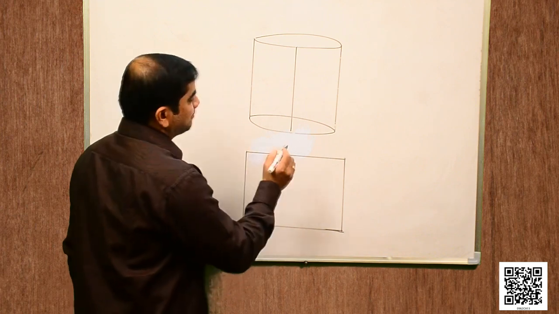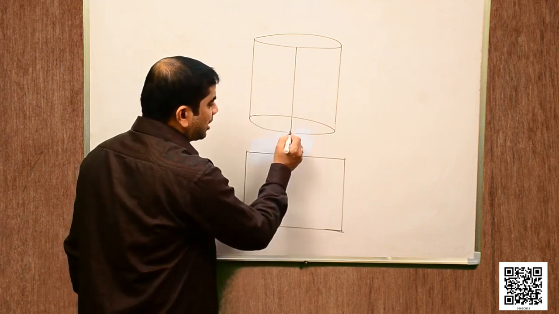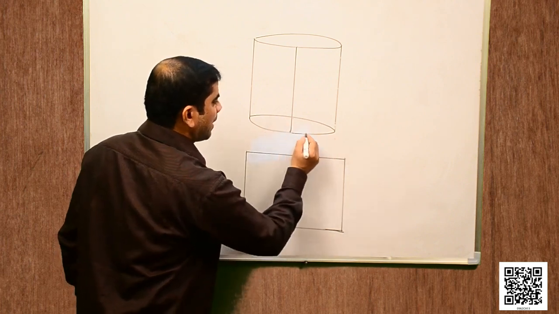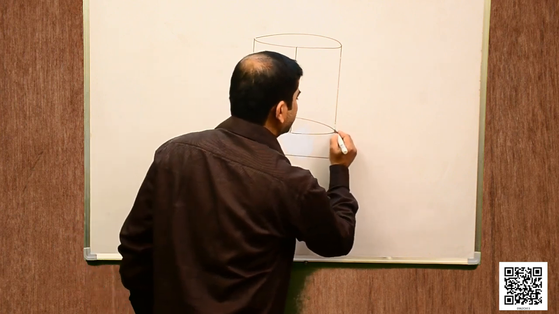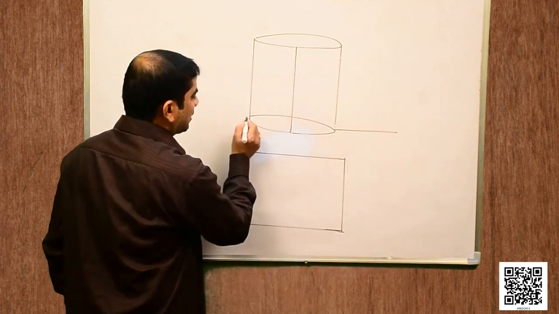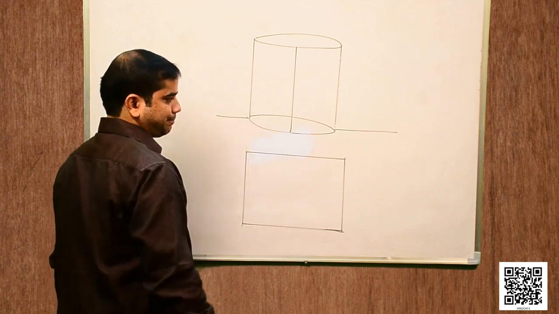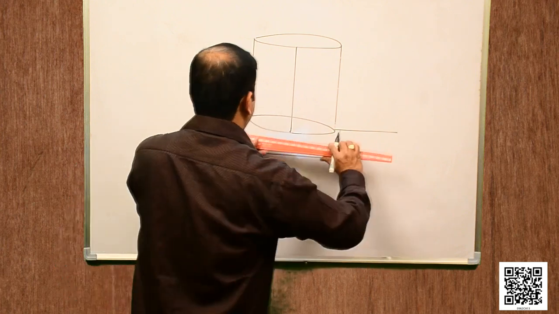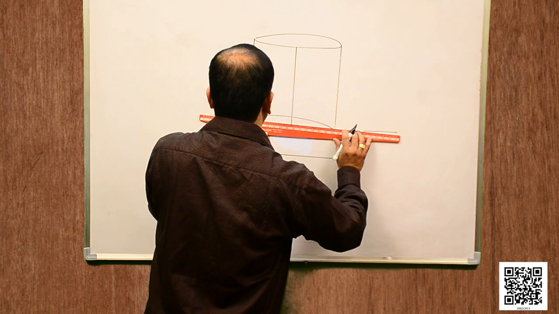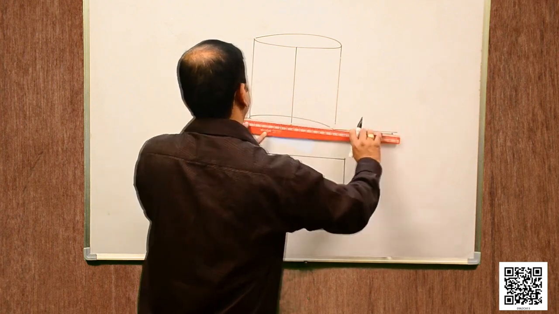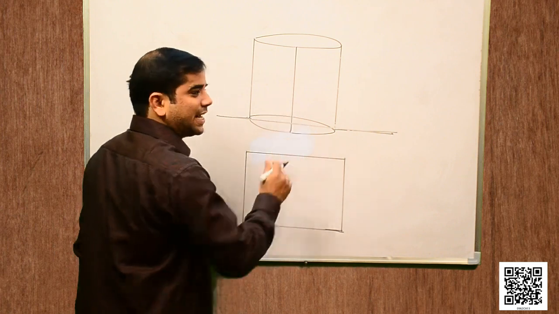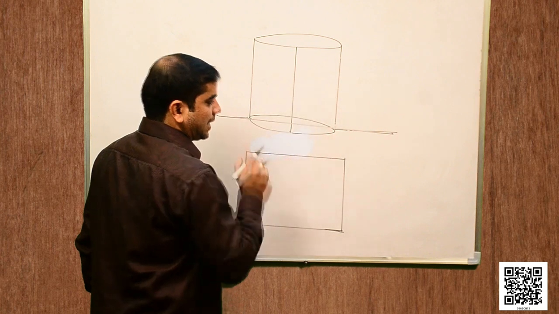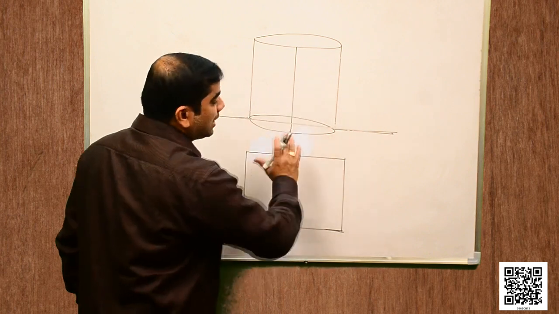Now just think, the cylinder is being cut from here. So when I open up, this part goes like this and straightens up. This part goes like this and it straightens up. Now they are in a straight line. This is just an example. This is not the exact dimension of the cylinder and the rectangle, but this is an example of how it will look.